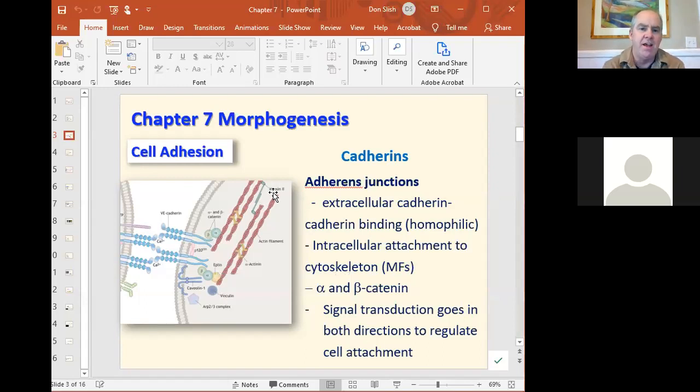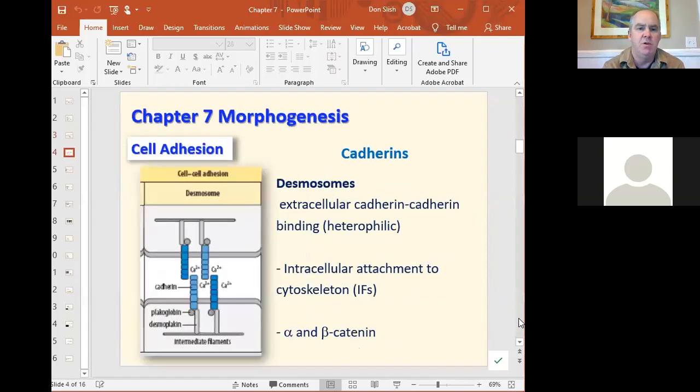Okay, so your adherens junctions then are cadherins, which are attaching to microfilaments. And we also have desmosomes. In desmosomes, the cadherin binding is heterophilic, which means you've got different cadherins binding to each other. So it's not the same isoform in both cells.